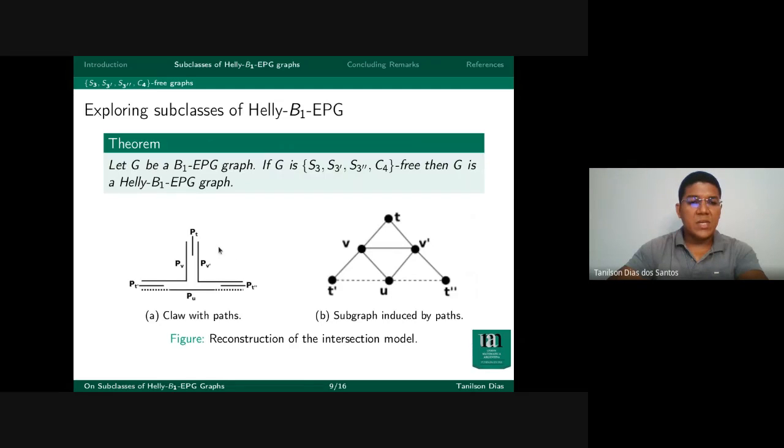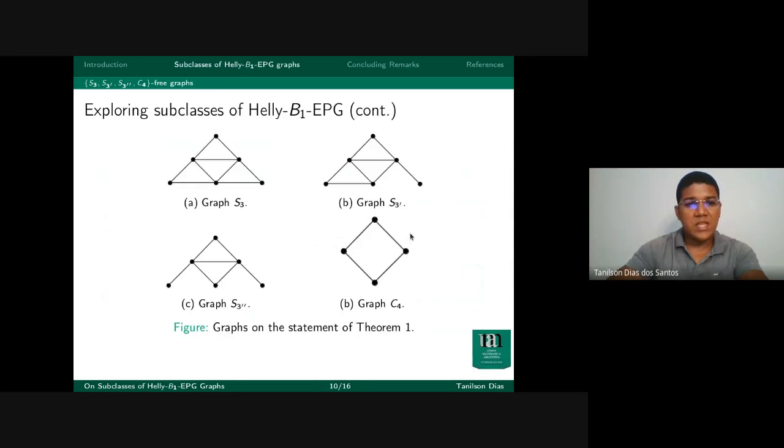Well, from this intersection B1-EPG representation, we can recover this induced subgraph by paths, and from this induced subgraph, we can recover these four graphs. And these four graphs define a Helly-B1-EPG subfamily.